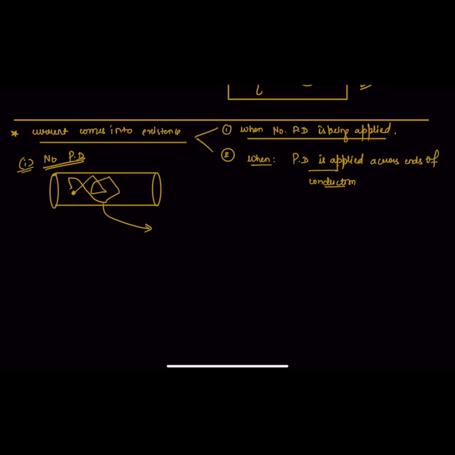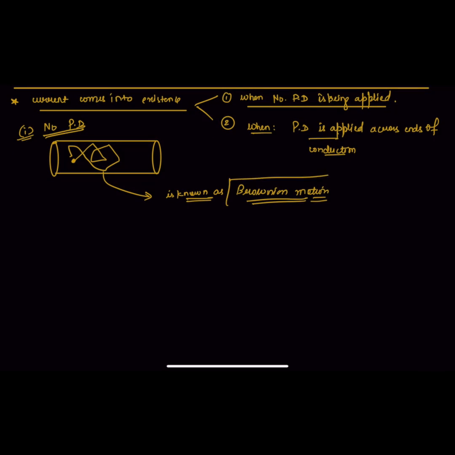This random motion of electrons is known as Brownian motion.